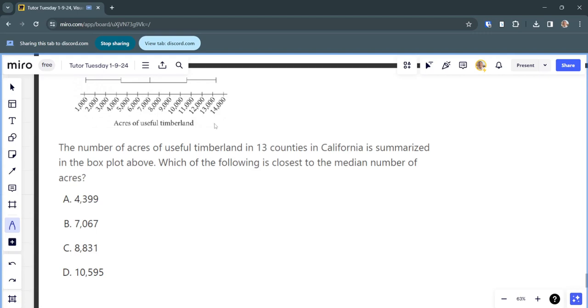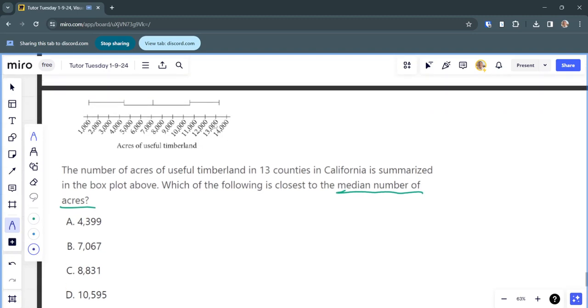Box and whisker plot. Median number of acres on a box and whiskers plot. Well, to get that, you would just look in the center of the box. I think the box is missing a small part here on the top, but that's fine.